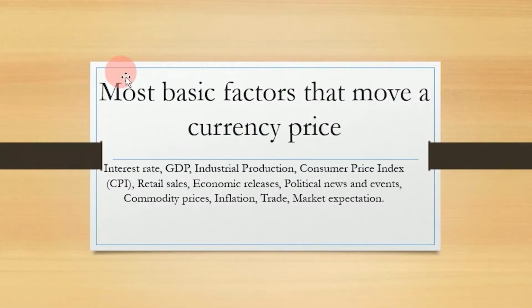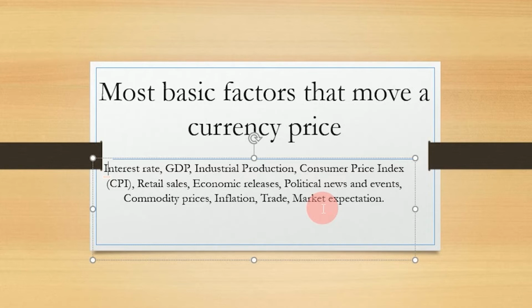Most basic factors that move a currency price. Here are some basic factors that move a currency price: first, interest rate, then GDP, industrial production, consumer price index (CPI), retail sales, economic release, political news and events, commodity price, inflation, trade, and market expectations.